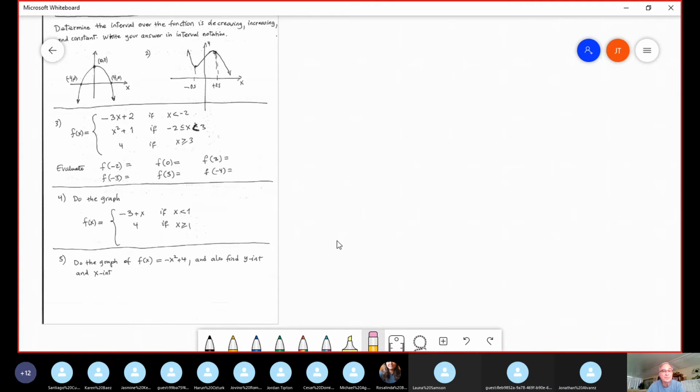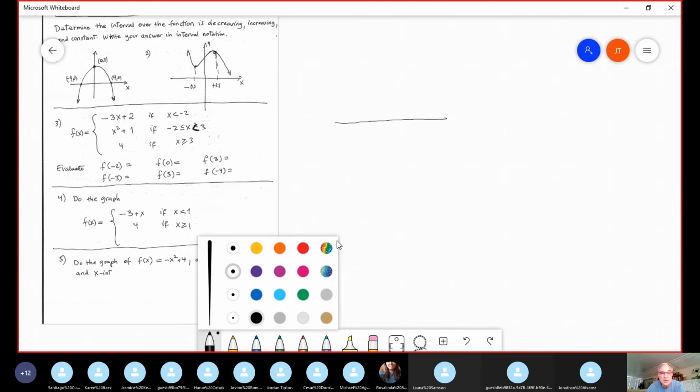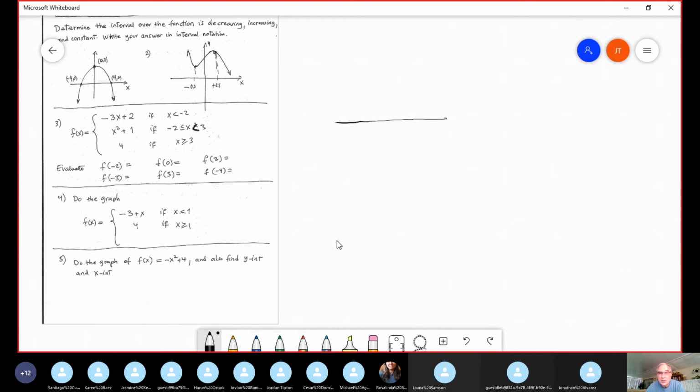Let me maximize, make a zoom. I try to do again this figure here, enlarged.